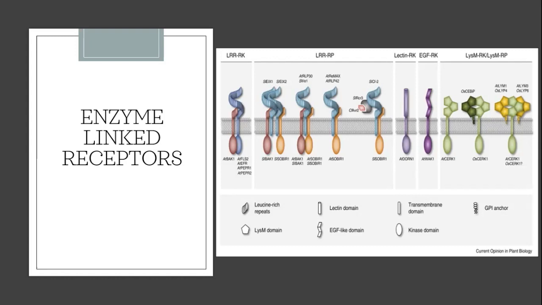If you see carefully, there are small structures which are repeated constantly. These repeated structures are leucine rich motifs, or leucine rich areas of the protein, present on the receptor. That is why it is called leucine rich repeat receptor kinase, or leucine rich repeat receptor protein.